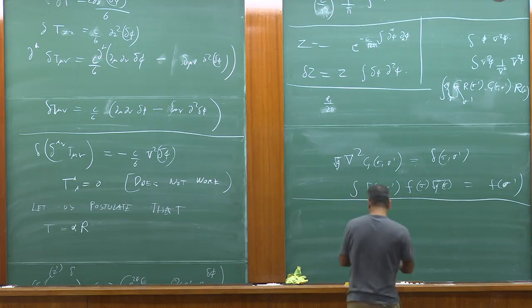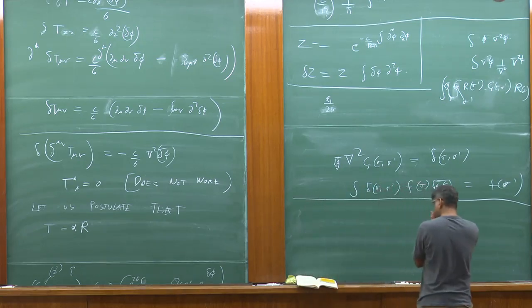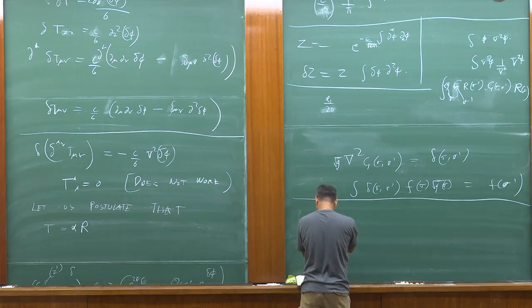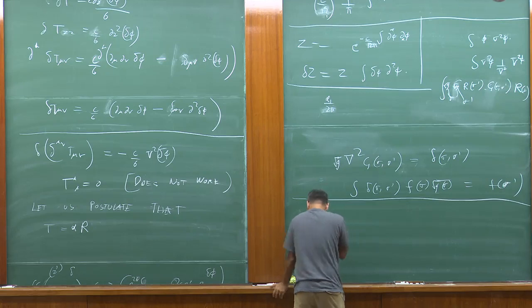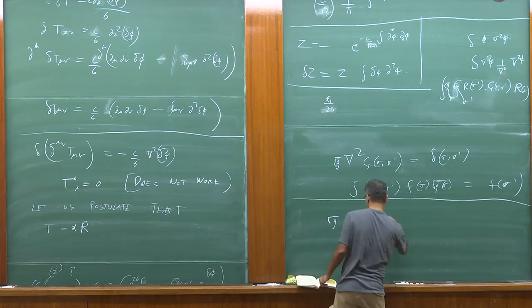Okay, see, what we need is the following, right? We need that square root G transforms like e to the power 2 phi, right?